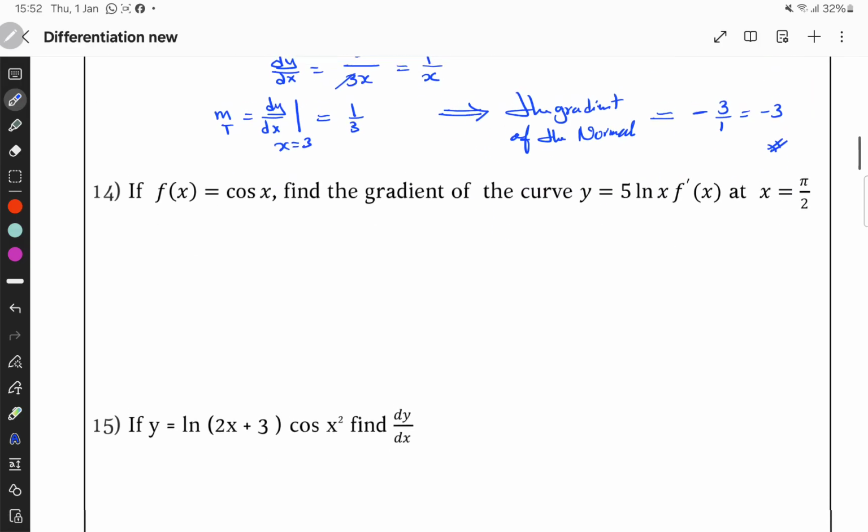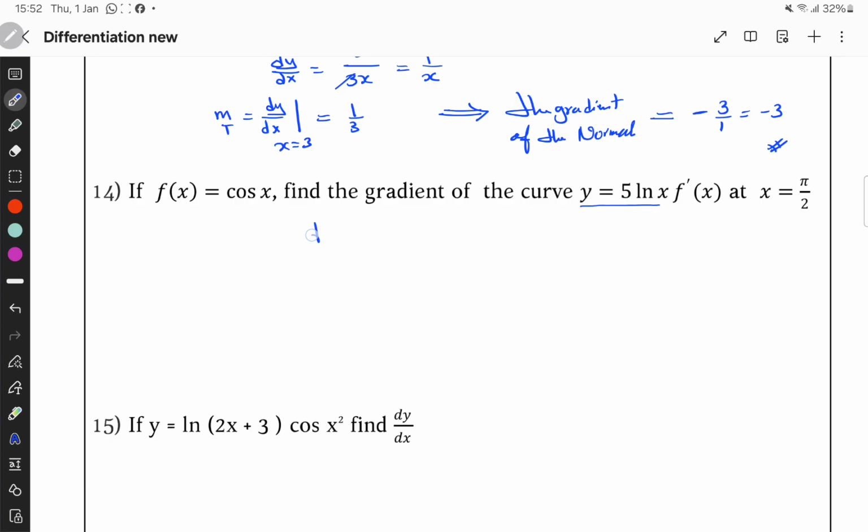Next one. If f of x equal cosine x, find the gradient of the curve at x equal pi over 2. So the gradient of the curve, it's f prime. We didn't have any product rule here because 5 is not x.